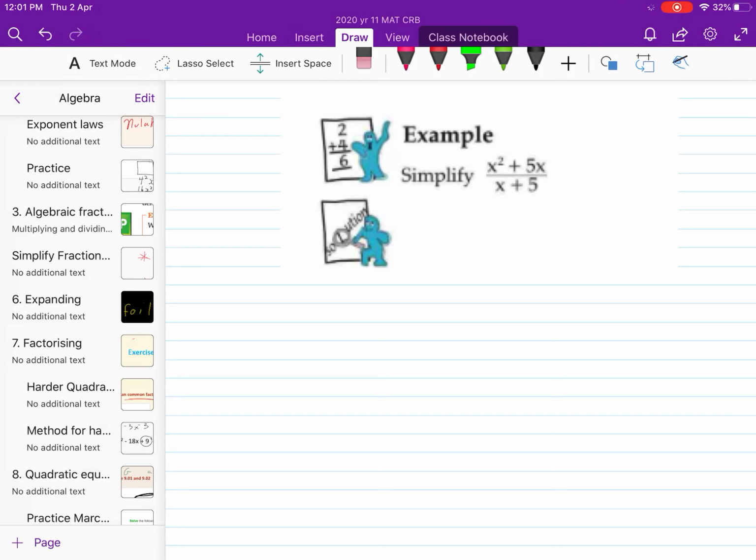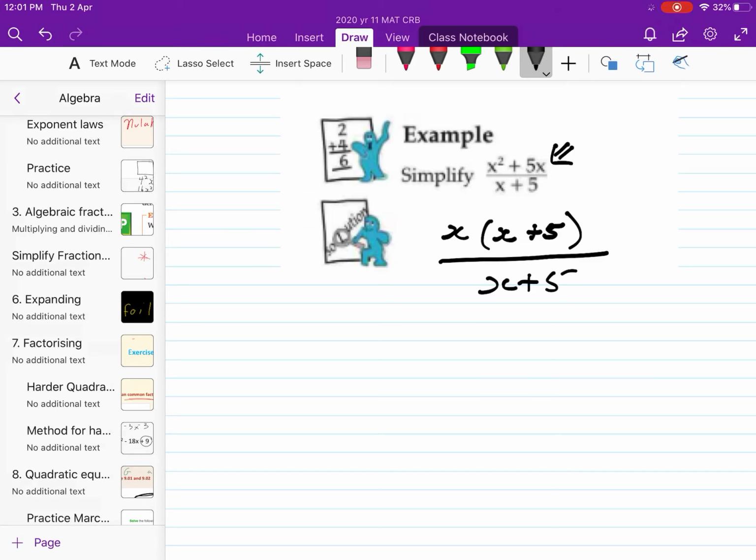The next one, now this one, same sort of idea. It's got a quadratic on the top, but I can't use double brackets to factor that because it doesn't work like that. But I have a common factor. Remember, when you're factoring, you always look to see if you can common factor. I've got a common factor of x, so I can take out an x, and I'm going to be left with x plus 5 over x plus 5.